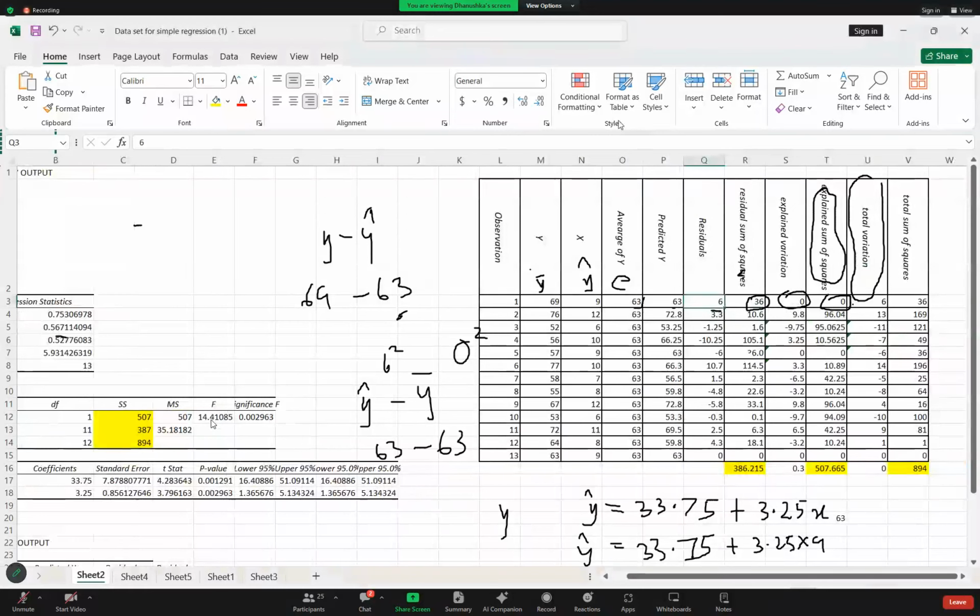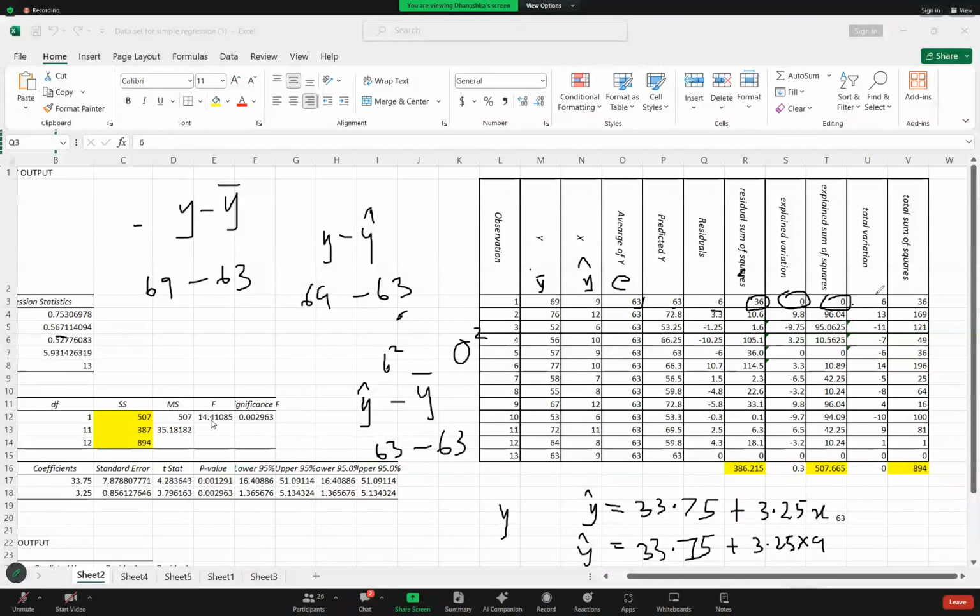Then total variation. Total variation means y minus y bar. What is the y? 69. Y bar is 63. Then it is 6.